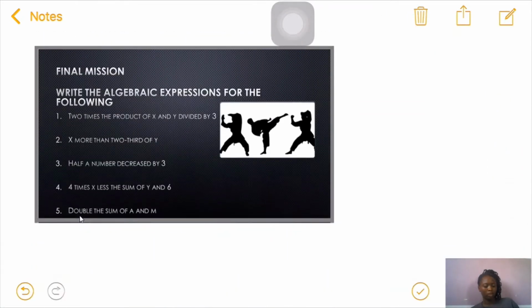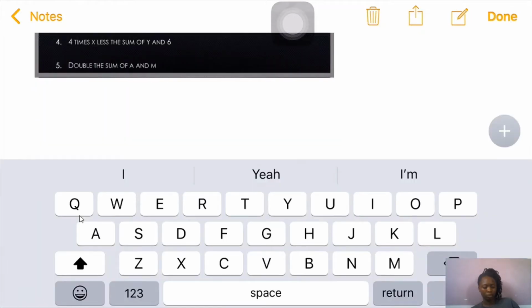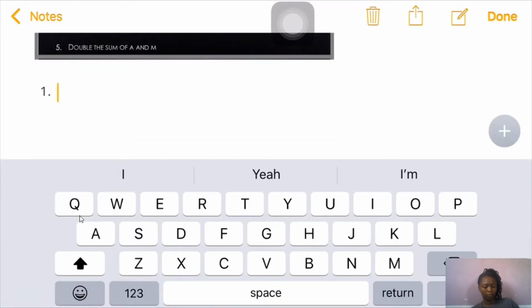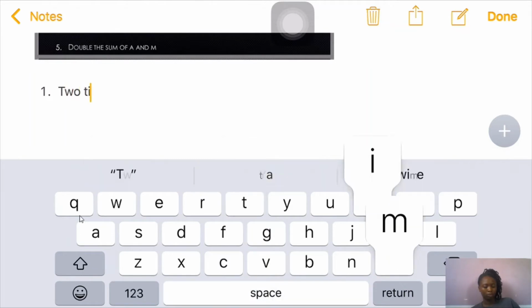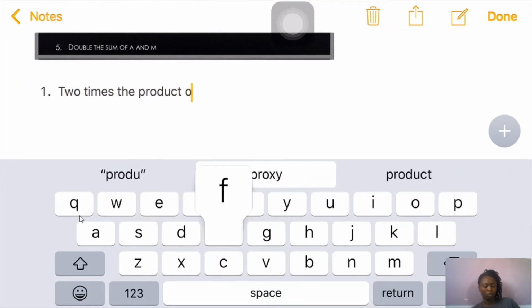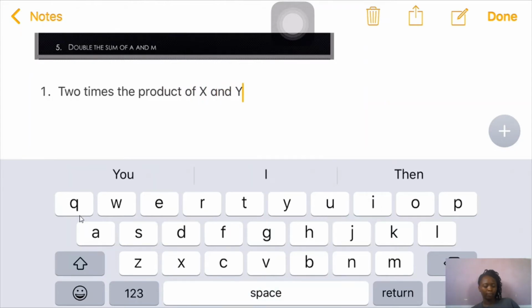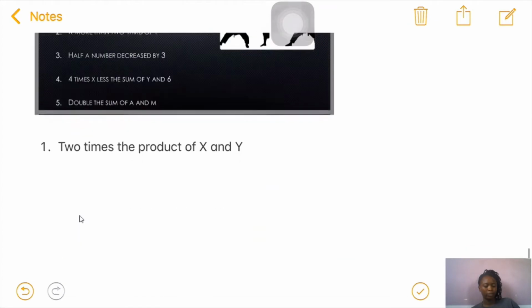So let's write it out. 2 times the product of x and y divided by 3.